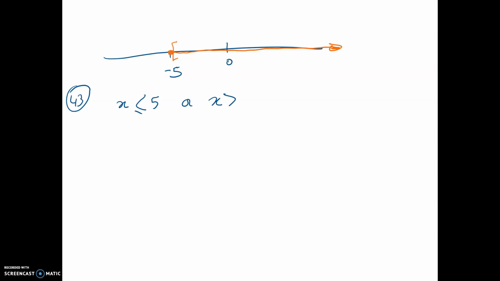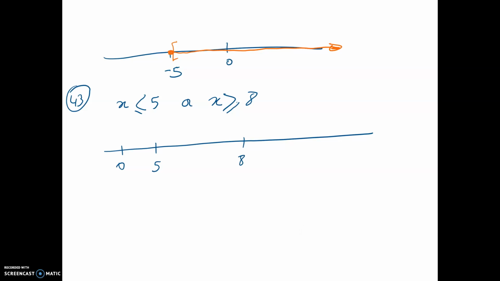or x greater than or equal to 8. So I'm using my number line. I got a 5 right here. If my 0 is right there, I know 5 will be on the right and 8 will be on the right.